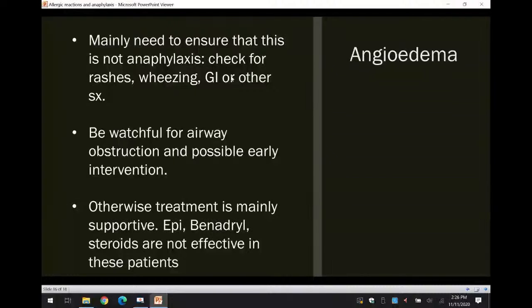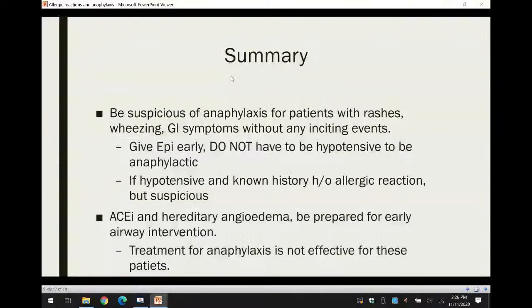And for the hereditary angioedema patients, there are some medications that you can give, but they're in-hospital only. It's not something that y'all would carry. So unfortunately, it's one of those nerve-wracking things. Just watch them, and hopefully they don't crash on you. Just get them to the ER as soon as possible.